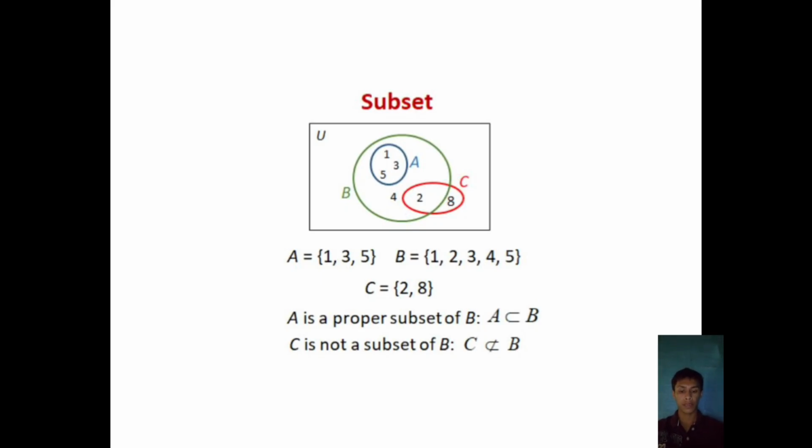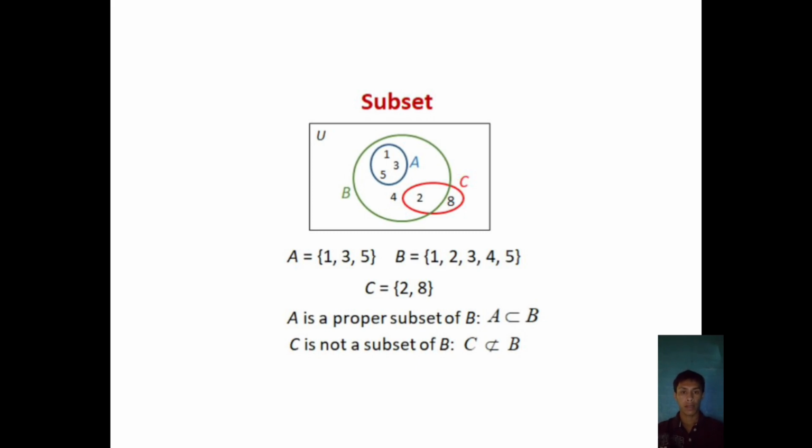If we try to remember, we can say that a certain set is a subset of another set if the elements present in the set are also present in the other set. For example, B has the elements 1, 2, 3, 4, and 5, and A is 1, 3, and 5.